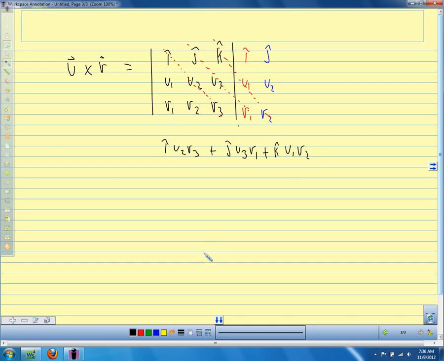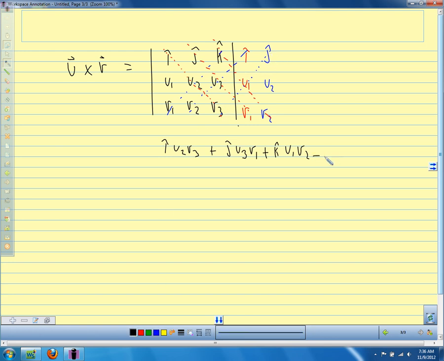And then I do minus and I go along the opposite diagonals. On the diagonals that go from right to left, I do minus.